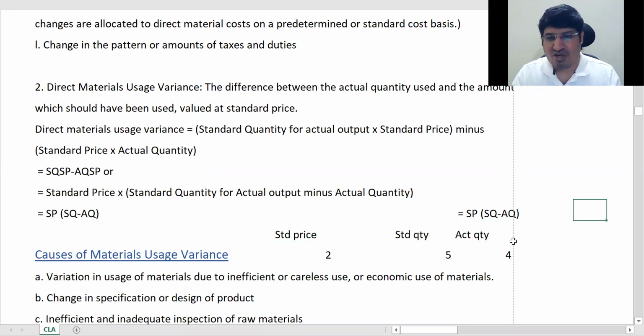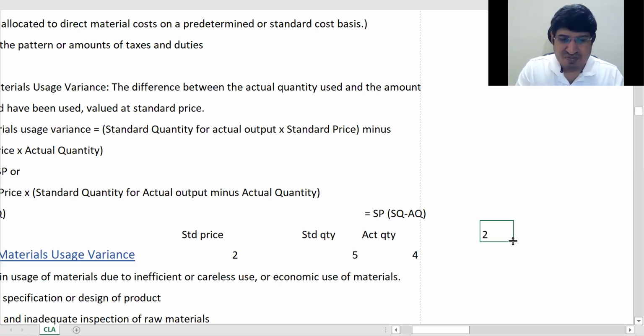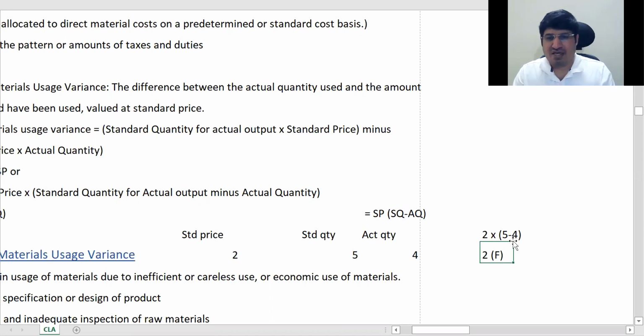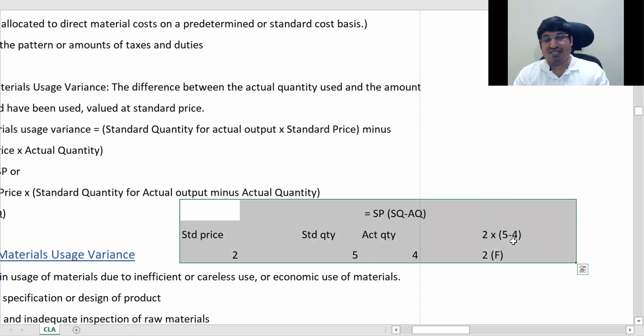So how will you calculate your usage variance? Standard price 2 into 5 minus 4, which will be 2 favorable. Just remember, in usage variance there is no role of price change. That goes in price variance.